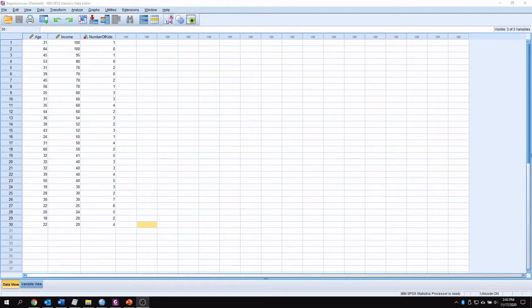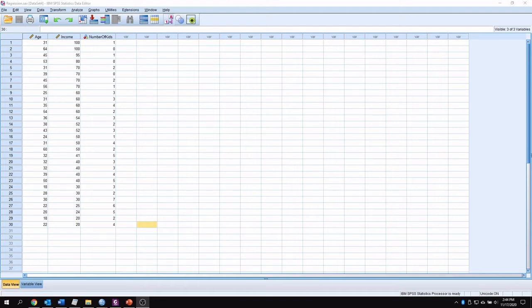We are making the assumption of a normal distribution. So for both variables that we're looking at, they should have that normal bell-shaped curve, and we can look at that a little bit later.